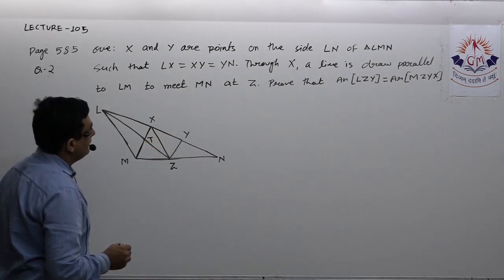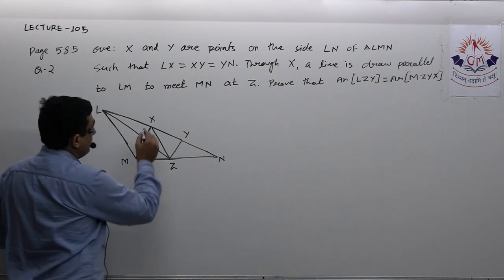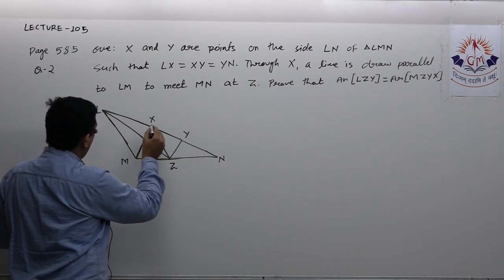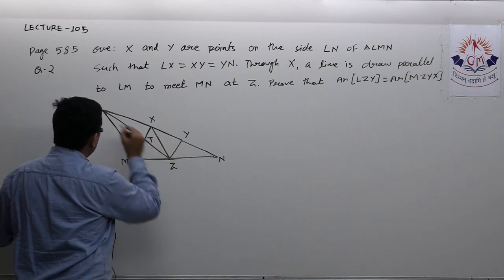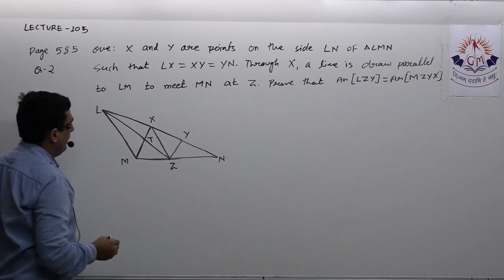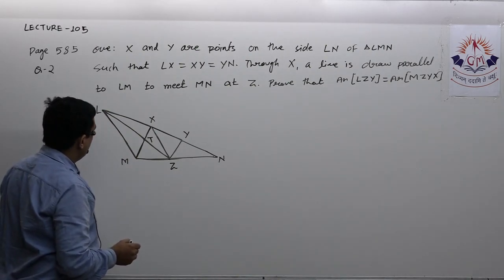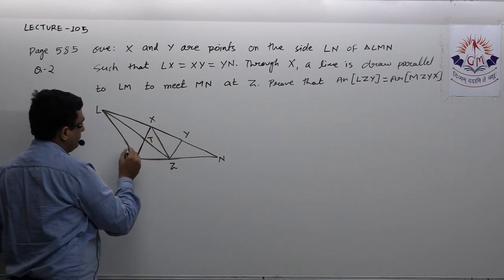It is given that through X a line is drawn parallel to LM. That means this XZ is parallel to LM. These two are parallel.